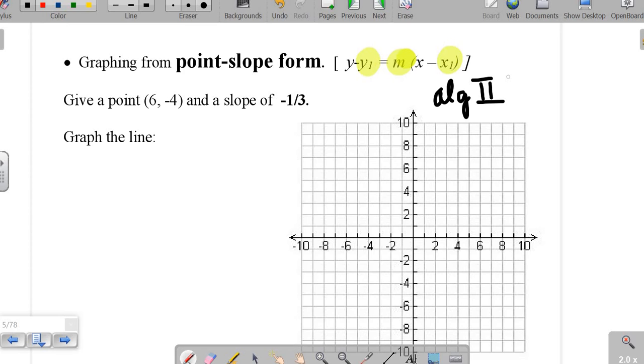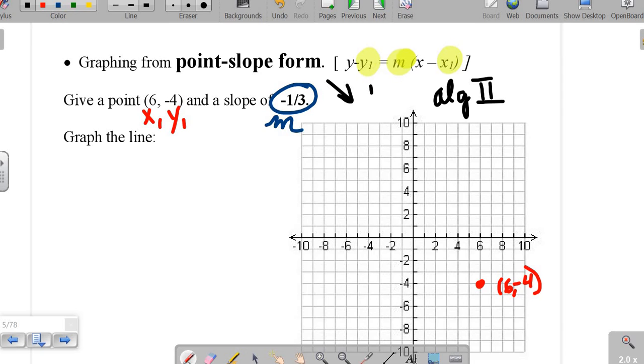So first, let's graph the line. We're given this point, (6, -4). That's going to constitute x1, y1. And our slope, which is our m, is -1/3. So we graph (6, -4). Our slope is downward from left to right because it's negative.